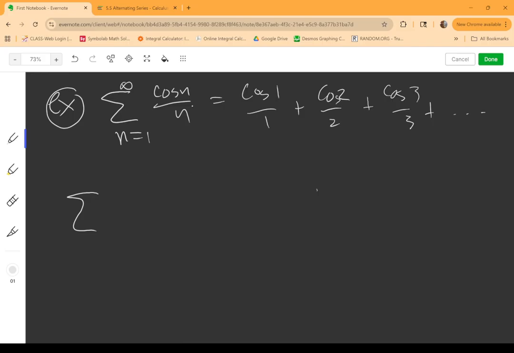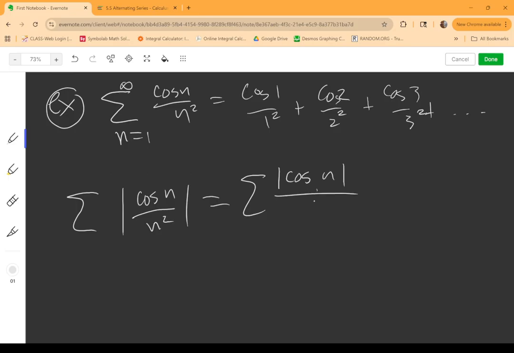This is cosine of n over n squared. And I want to take the absolute value here of cosine n over n squared. Now, n squared is always positive, so I can write this as the absolute value of cosine n over n squared.